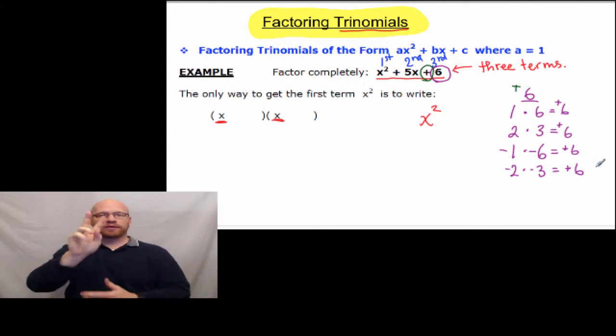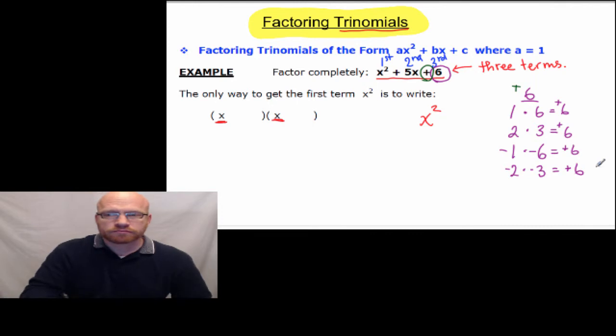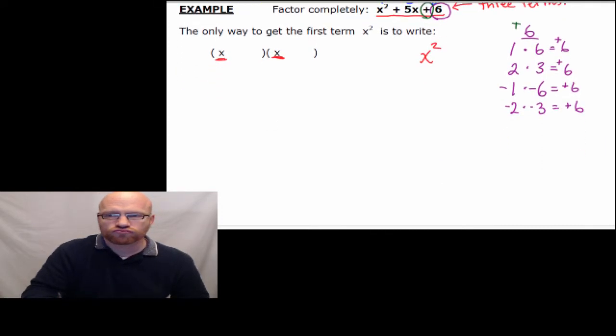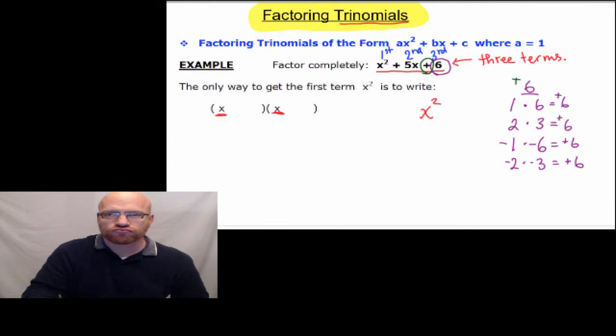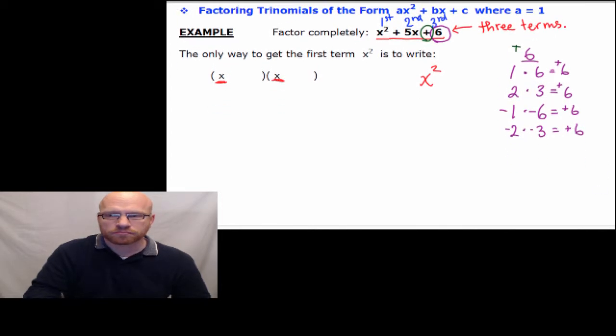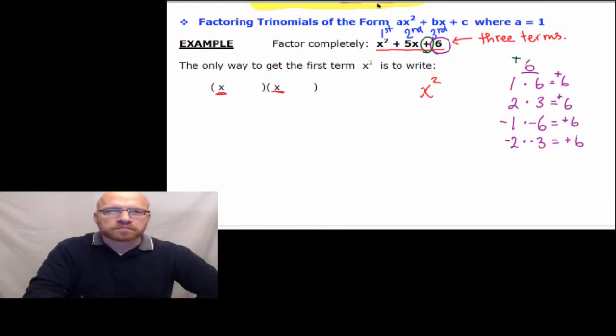Now, we have a second condition in this trinomial to look at. The middle term, the second term, plus 5x.